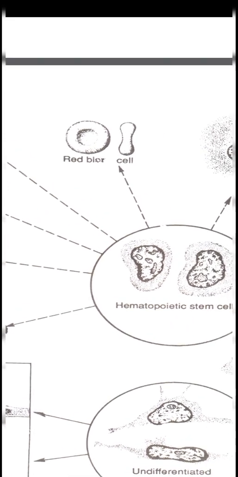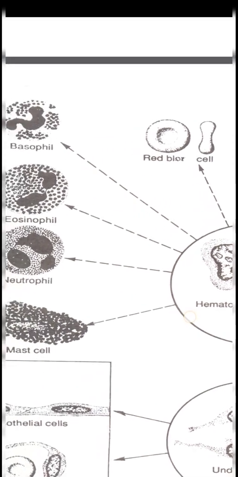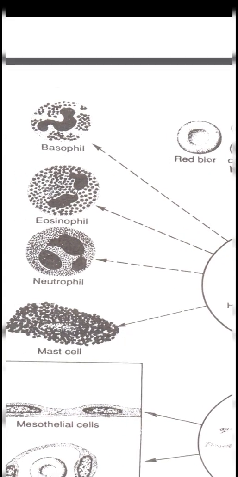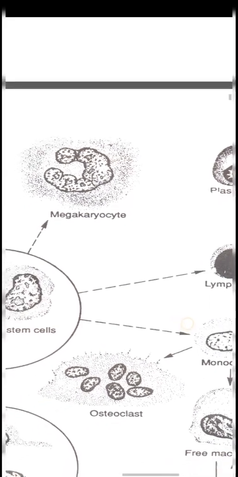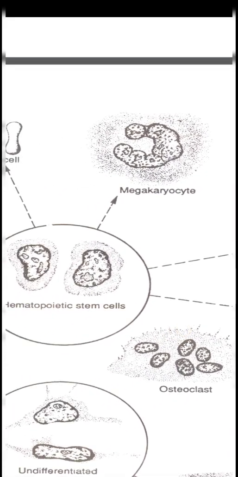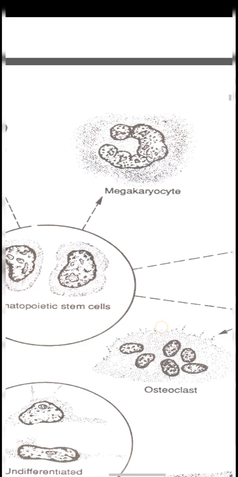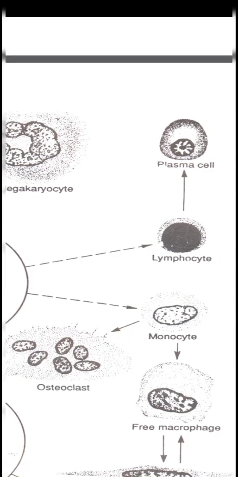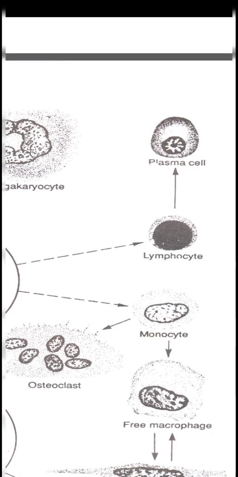Red blood cell is also known as an erythrocyte. The precursor of that is erythroblast. Moreover, they also form megakaryocyte that further divides and gives rise to platelets. They also form lymphocytes and monocytes.